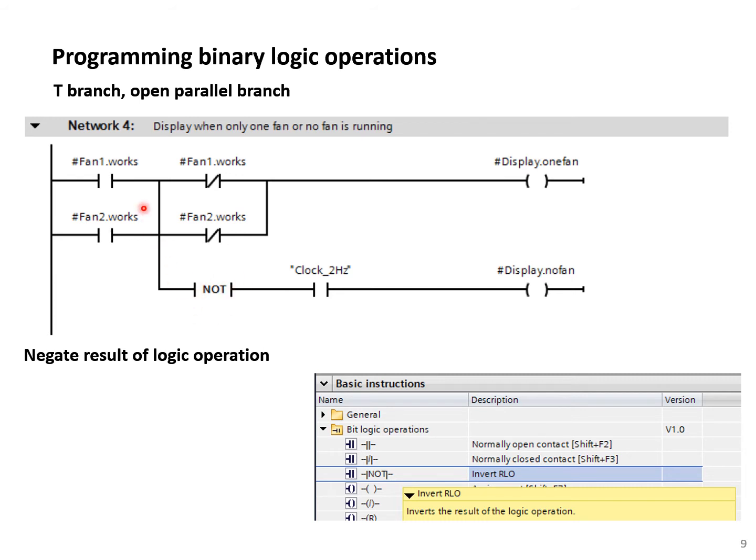So when, for example, fan 1 works, or fan 2 works, either of them, then here before the NOT we will have true. We will negate it and it will be false.